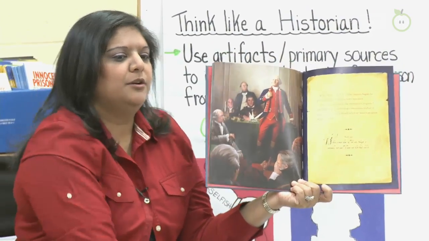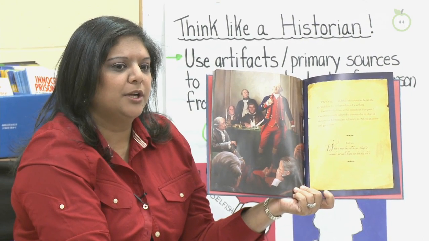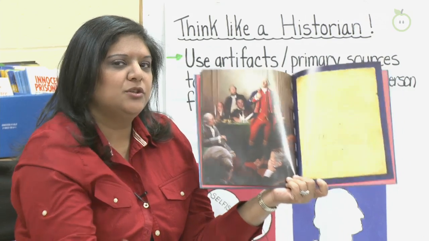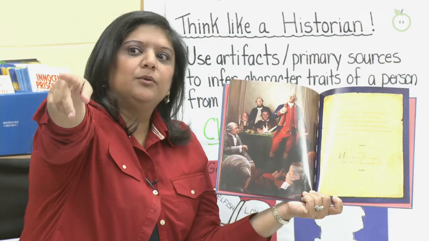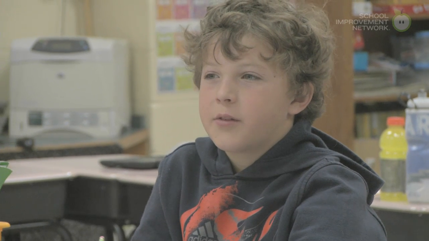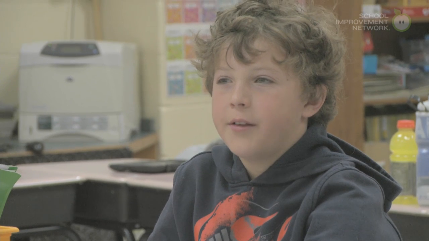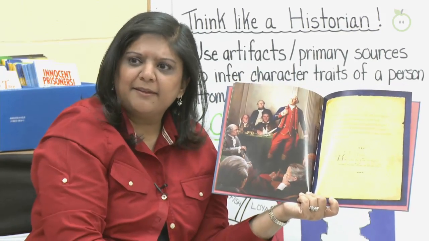Why do you think we colored our portrait of George Washington red or blue in your thoughtful logs? When you look at your thoughtful logs, you had to choose red or blue. Why did we color it red or blue? Maybe because there's a good side and a bad side. Maybe if you didn't think he was a good leader, then you would color it red. If you did think it was a good leader, then you would color it blue. That's very interesting, Evan, because that's not what I was thinking at all, and I like that perspective.